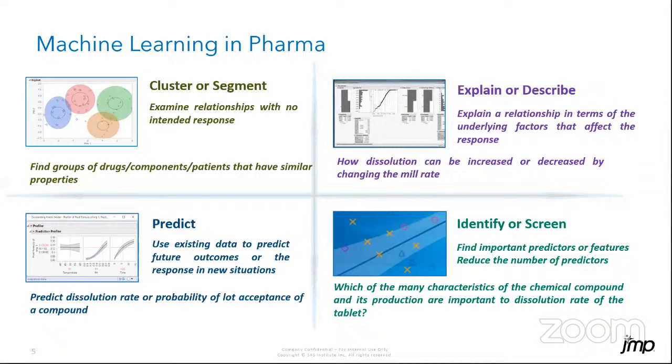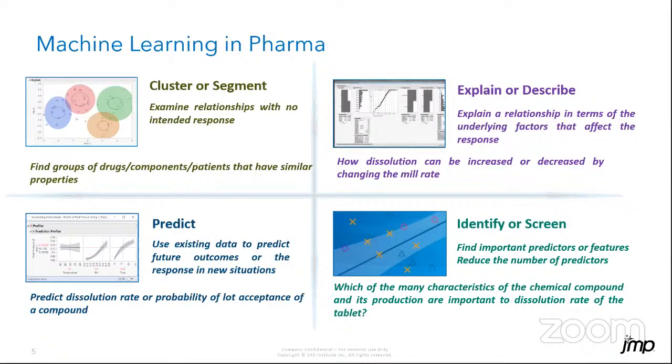So how do you apply prediction? Where do you apply prediction? You want to find out the dissolution rate. What are the factors which affect the dissolution rate? There will be milling, coating, viscosity, pressure, temperature, pH. Which are those important variables which affect your dissolution?